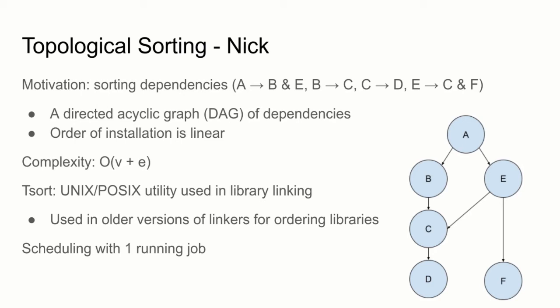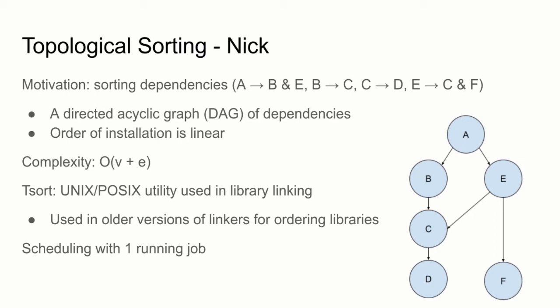Additionally, this can be viewed as scheduling when you can only do one running job. That is, say there is a job F which must be run before the job E, and so on. This allows the scheduling algorithm to always have something to do, as long as there's no cycle.